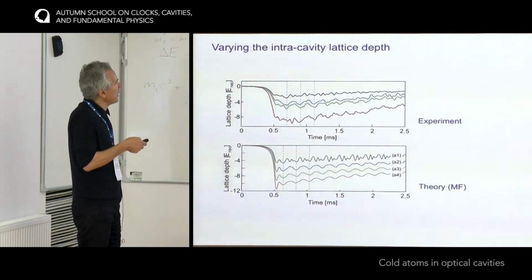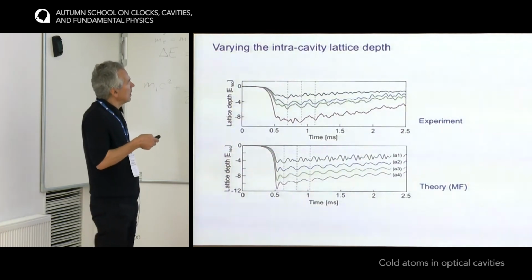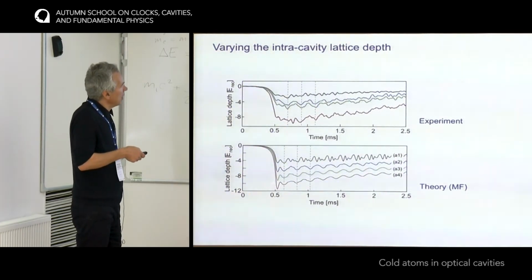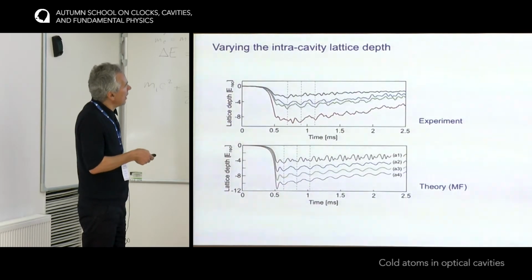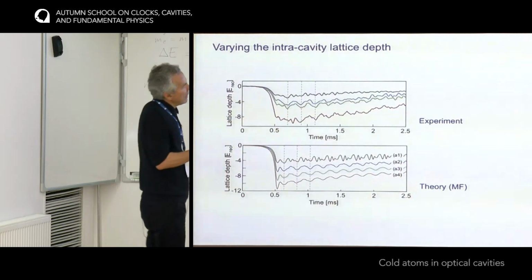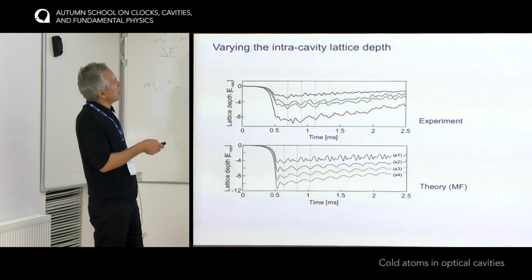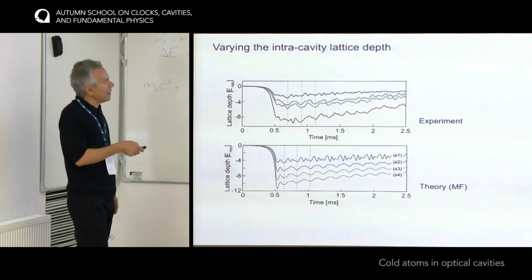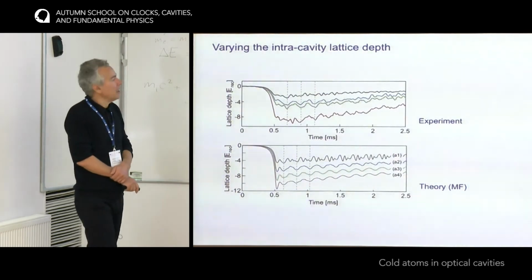These different curves are for different lattice steps, and so you see that for a deep lattice, you get a situation represented by the red trace here, and this is a corresponding theory, and you see that basically it is more or less a harmonic oscillation. Well, there's noise, obviously, but the theory at least tells us it's a harmonic oscillation.